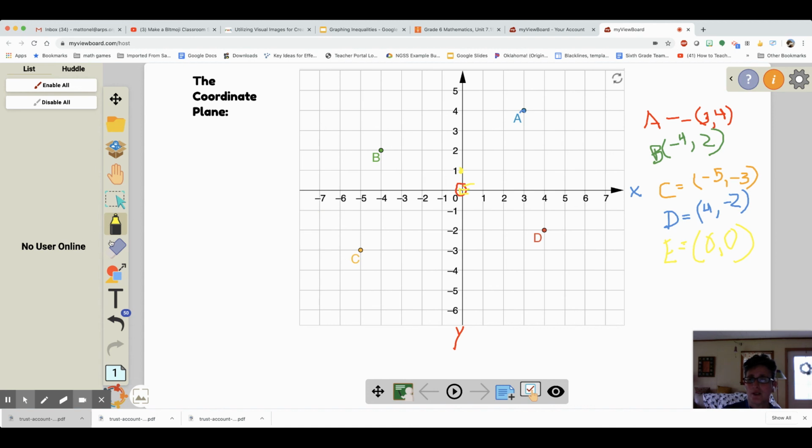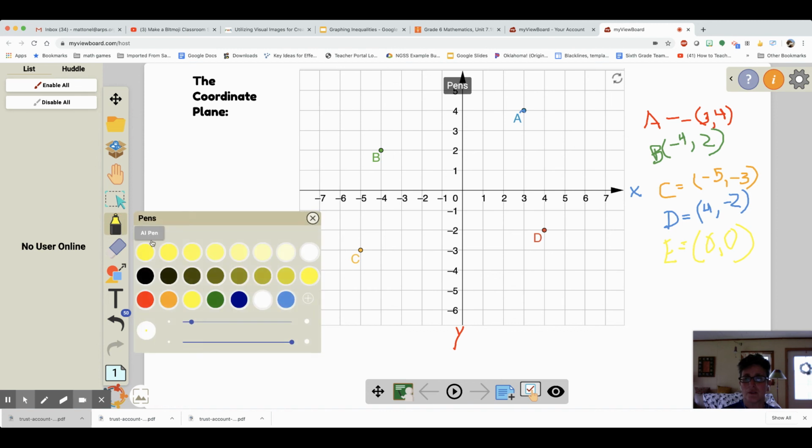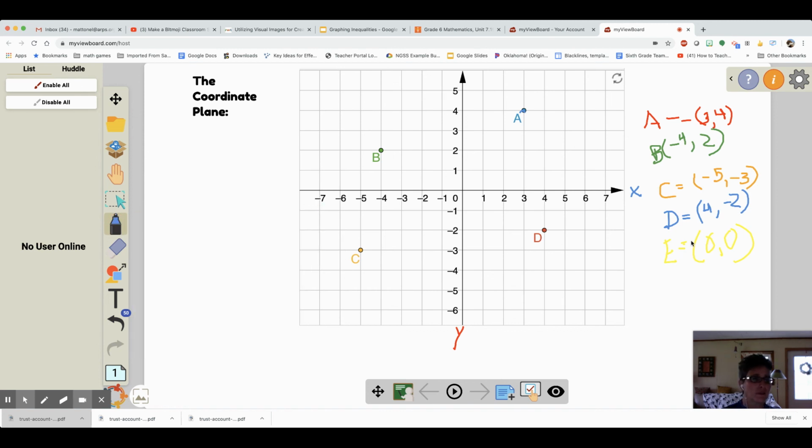As I was saying, the important piece to remember is you have (0, 0) where they intersect. So this is your point E, your (0, 0). Your upper right quadrant is always going to have two positive numbers.